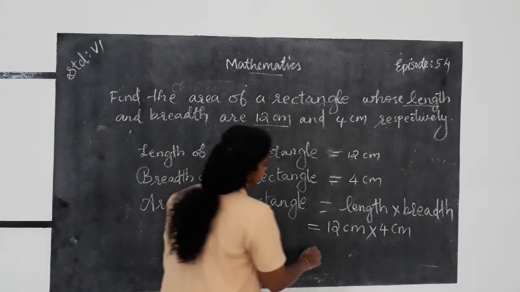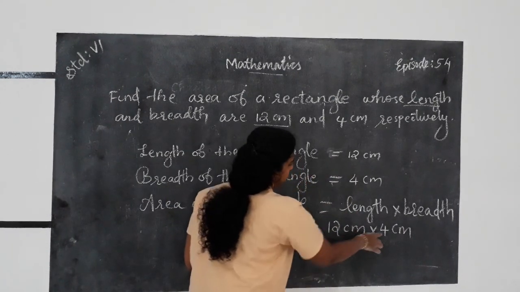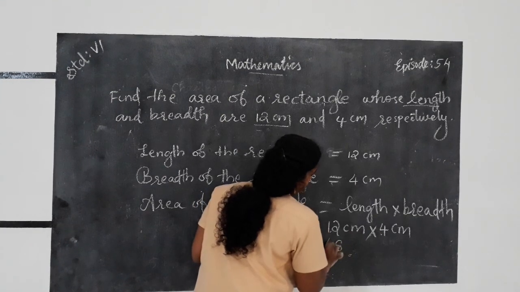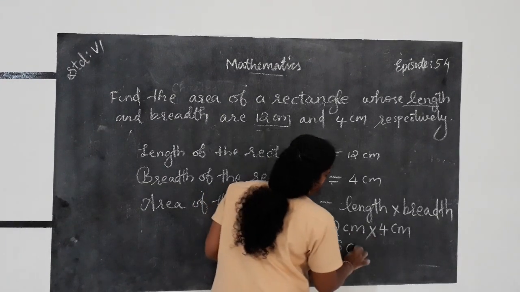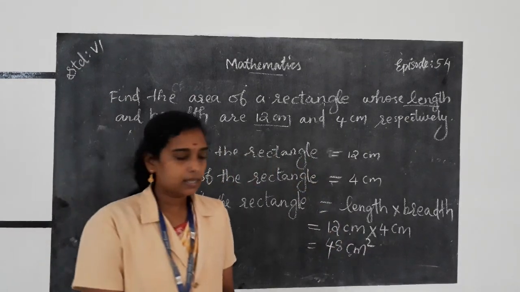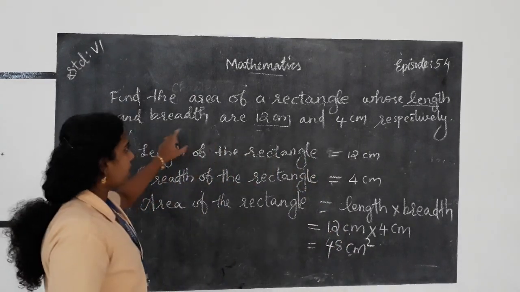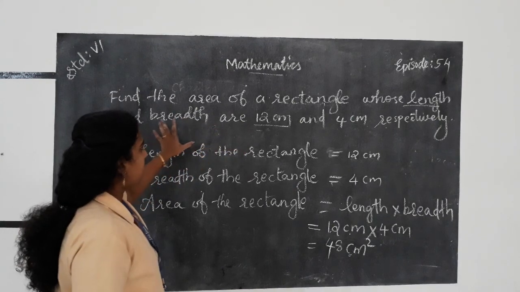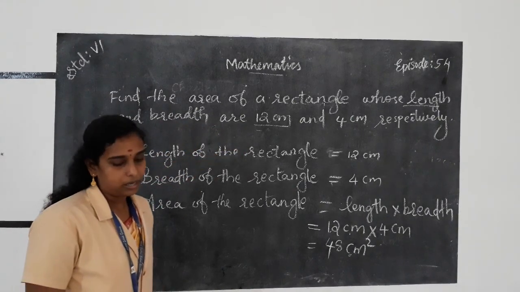If you multiply 12 into 4, you get 4 2s are 8, 1 4 is 4. Centimeter into centimeter, square centimeter. So 48 square centimeter is the area of the rectangle having 12 centimeter length and 4 centimeter breadth.